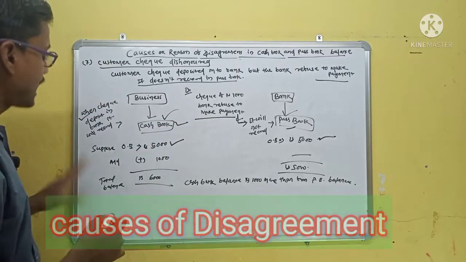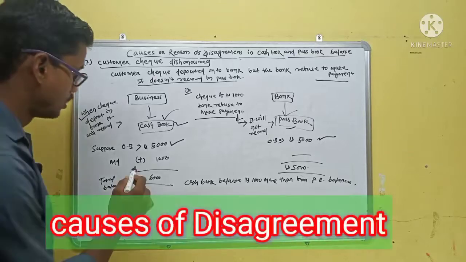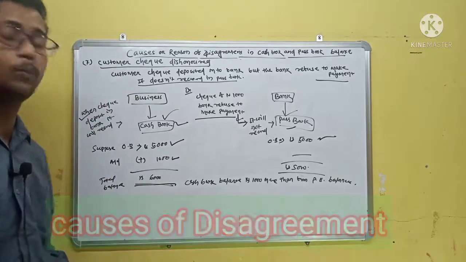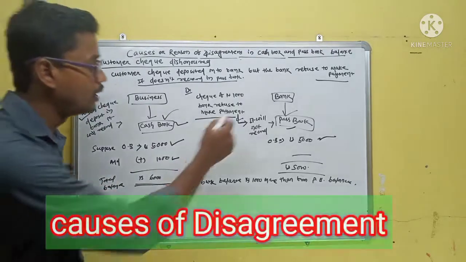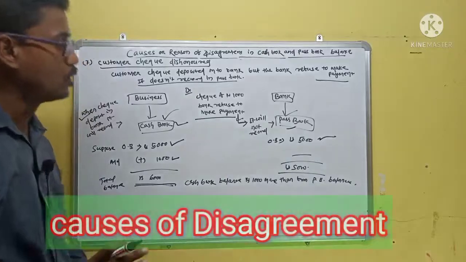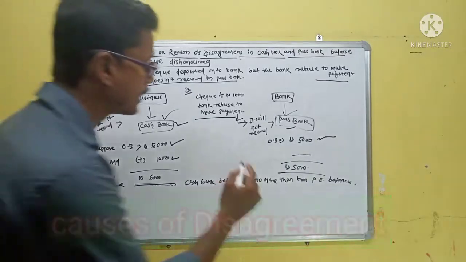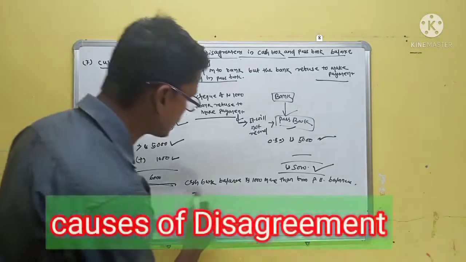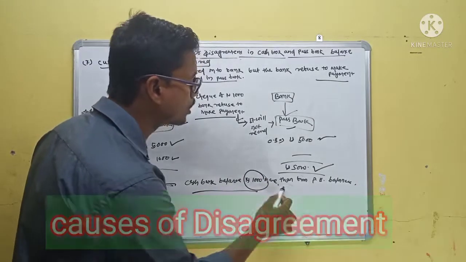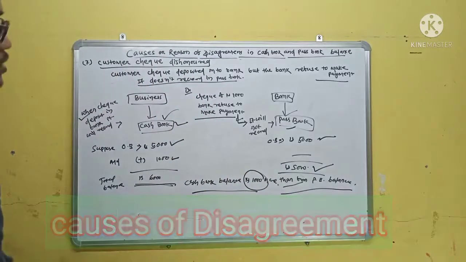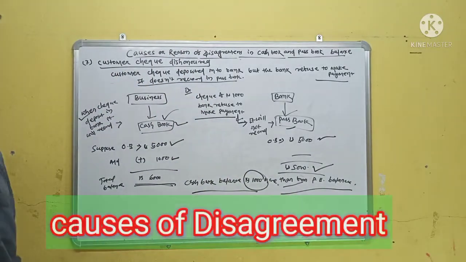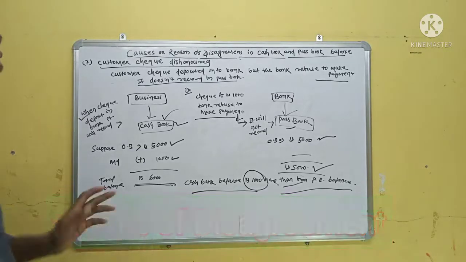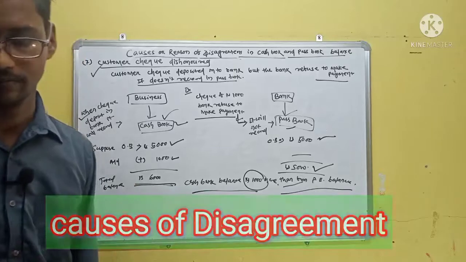So business adds this money, rupees 1000, in the opening balance and the total balance of the cash book is rupees 6000, but it will not be recorded in the passbook, so the passbook balance remains constant, that is rupees 5000, and the cash book balance is rupees 1000 more than the passbook balance. In this way the cash book balance differs from the passbook balance in case of a customer check dishonoured.